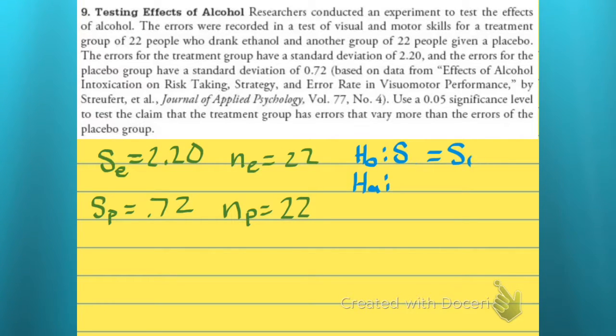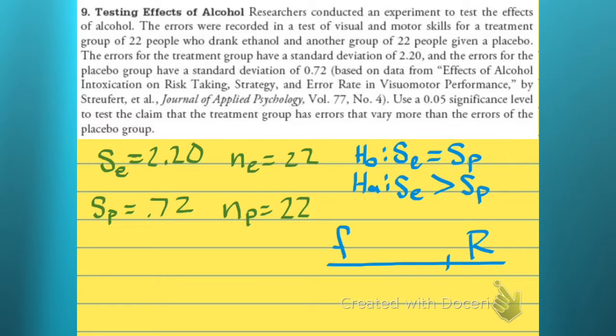We're assuming that the standard deviations are the same and that our alternative is to show that the standard deviation of the ethanol users is bigger than the standard deviation of the placebo users, probably water or rubbing alcohol. So let's set up our rejection region, that's this, and our fail to reject, that's this.